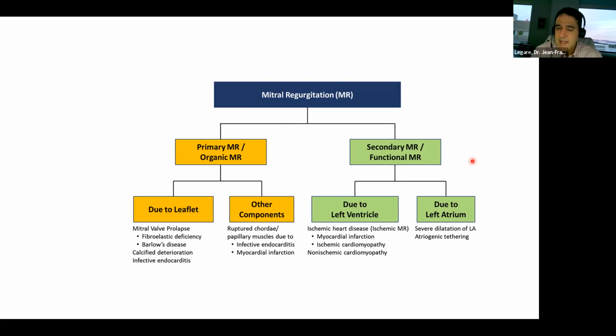As you can imagine, it's harder for a surgeon to think about ways to repair that, and replacement would be the only way. Also, the indications for secondary MR are not as clear in terms of benefit for surgery or intervention. But for percutaneous intervention, perhaps there are a little better options there.